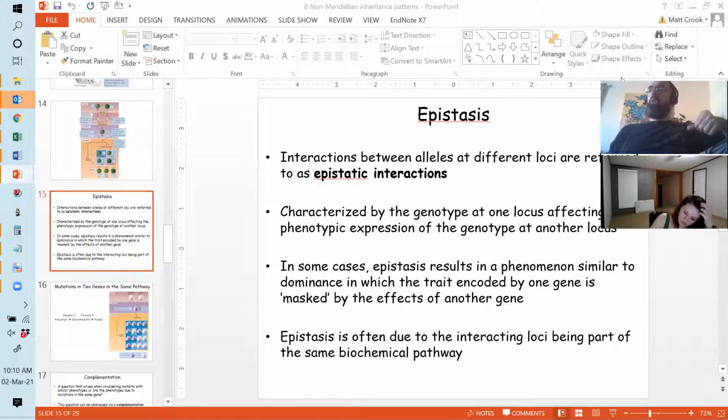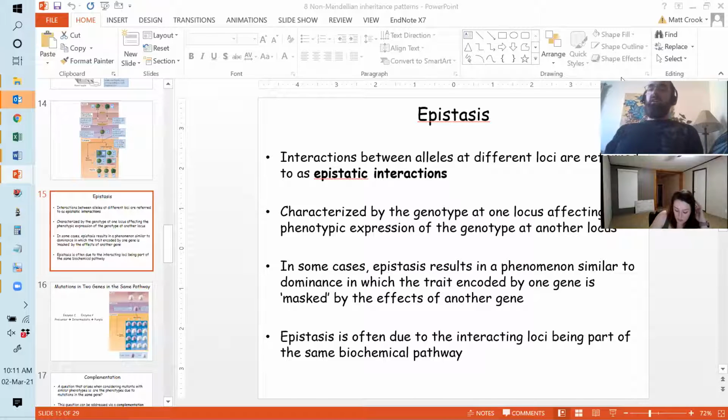Linkage is based on a physical interaction between alleles of different genes based on their proximity. Epistasis is based on a functional interaction between what those different loci do, what those different genes do, right?